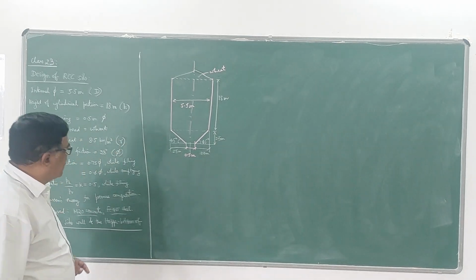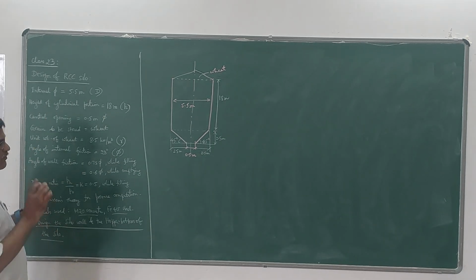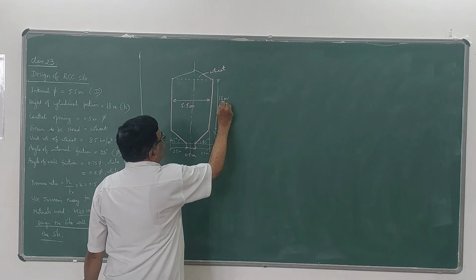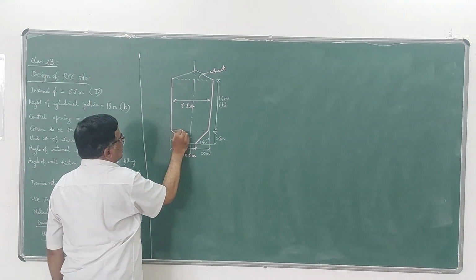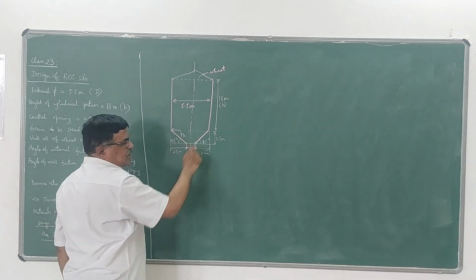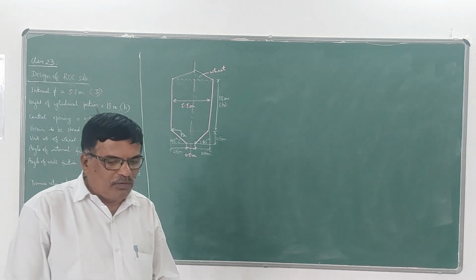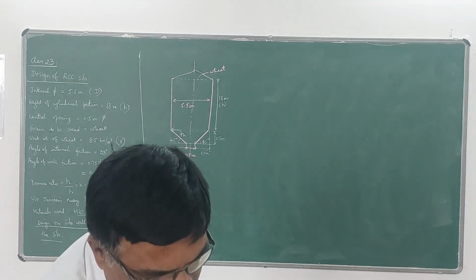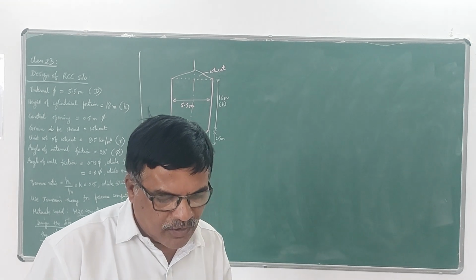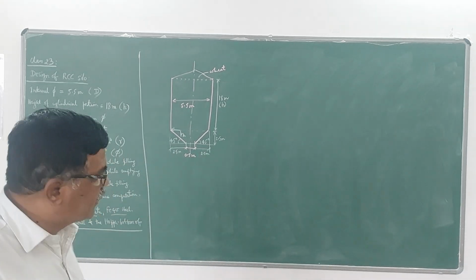Now we have to calculate the pressures pH and PV. What we do is calculate the pressure at this level. pH I am going to take at this level, because at this level the pressure is maximum. Since wheat is a granular material, for finding horizontal pressure, during emptying condition the load is more.